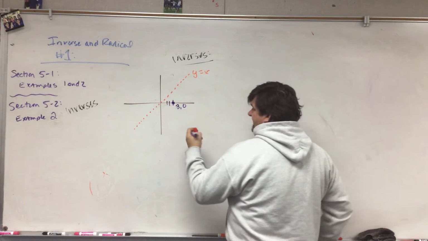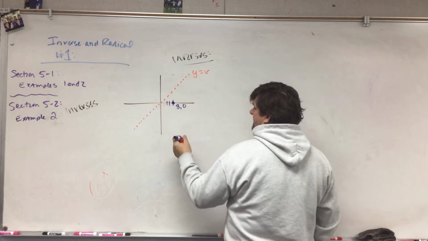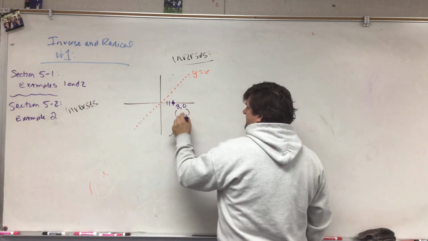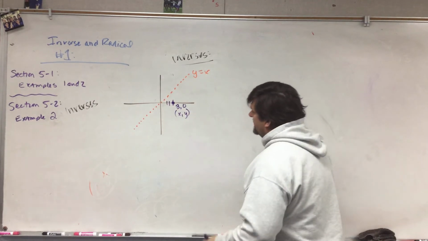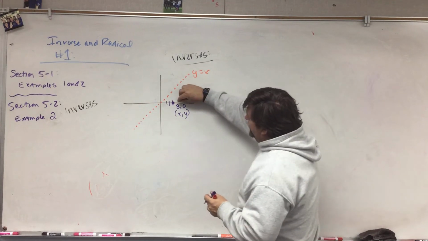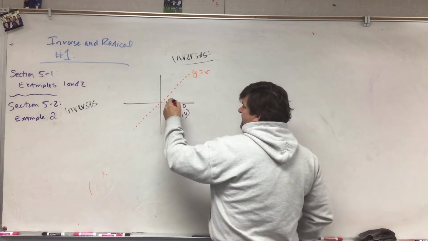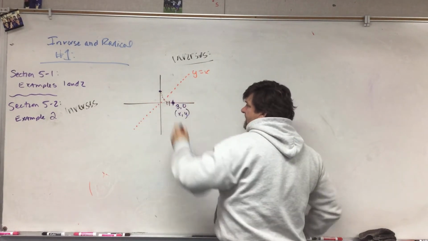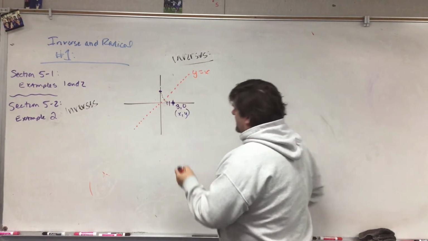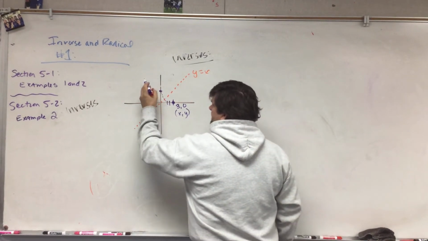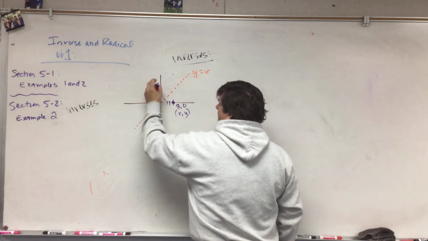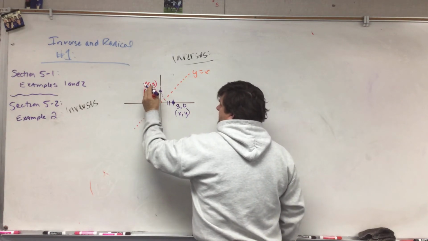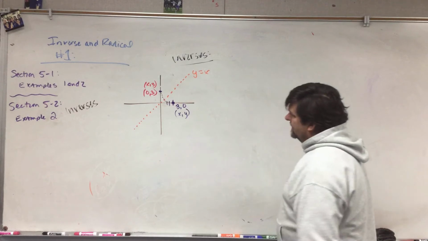And that means it's x and y, right? So if I just pick this point up and reflect it to the other side over here, what happens to my x and y? My x and y switch, and I get 0 and -3.